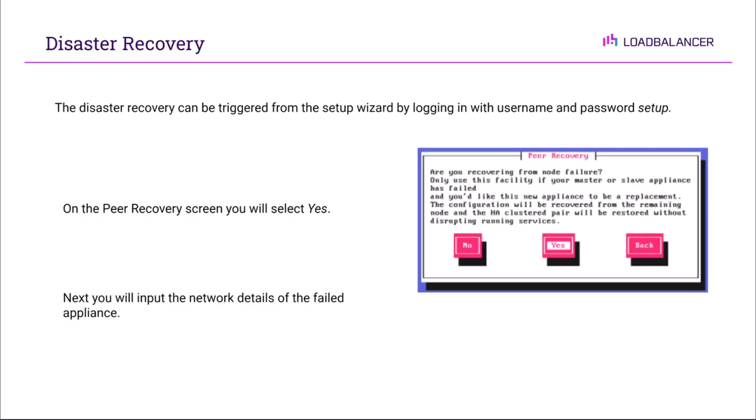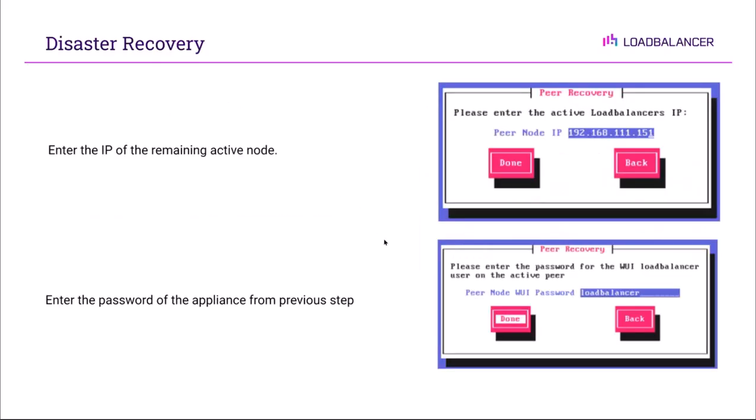And then you have that prompt over there regarding the peer recovery. So in this case, you'd choose yes, and then you'll be prompted about a few more details. You will choose the IP of your currently running node, and it does not matter which node it is that remained active, whether it be primary or secondary.